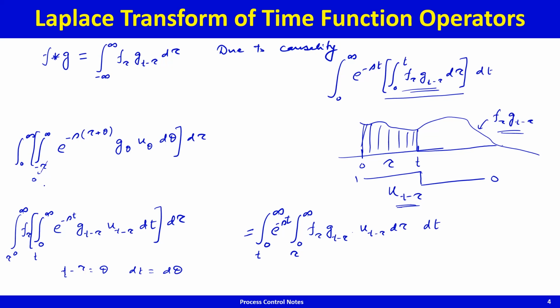So this one is integration along theta, this one is integration along tau, and f of tau remains here.